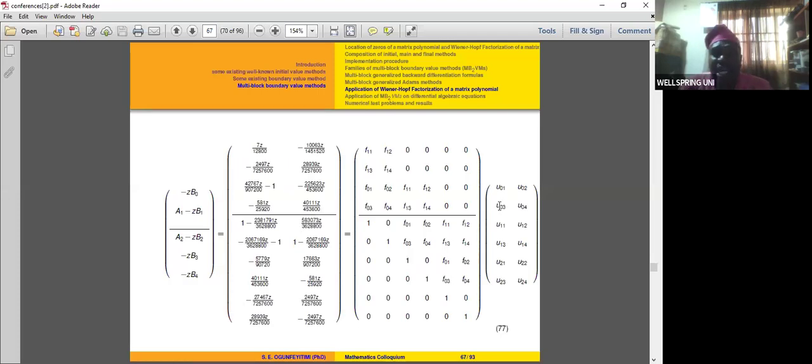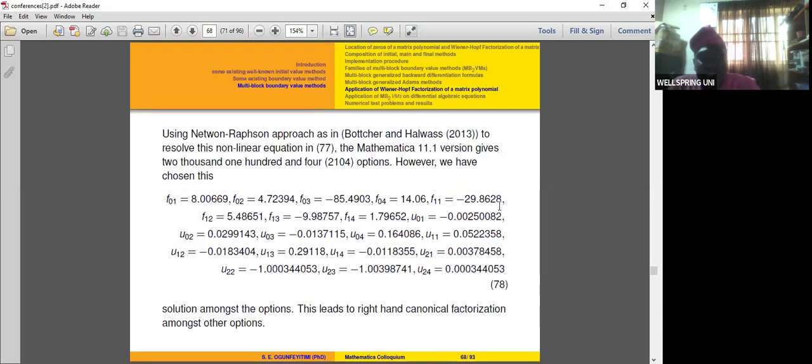This is the procedure. The theory of this is documented in Gohberg and Kaashoek in 1960. I've split the matrix into two, so we are now going to run the two matrices using the Newton-Raphson approach according to Butcher and Wright 2013. When you solve that equation, you have 2,104 options.